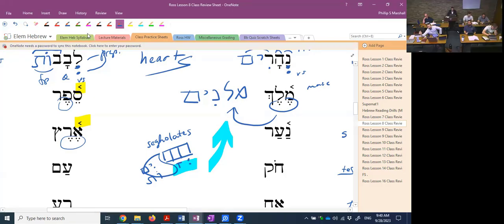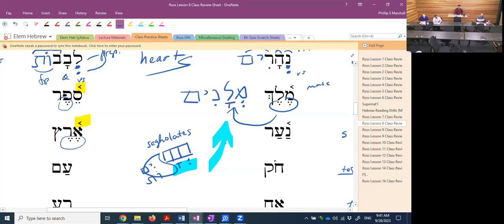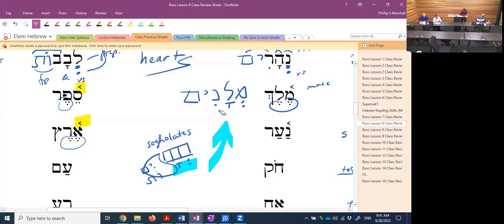So hold on a second. What goes under the mem? Vocal shva. What goes under the lamed? Qamets. And that is what all segolate nouns are going to do when they become plural. So I've got to revocalize: malachim instead of melechim. Malachim.